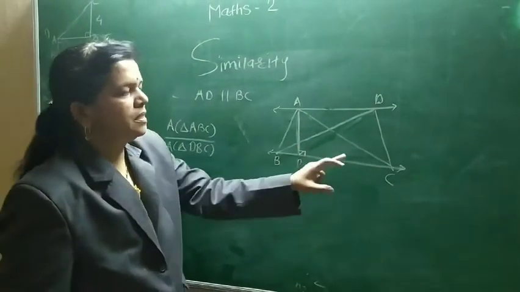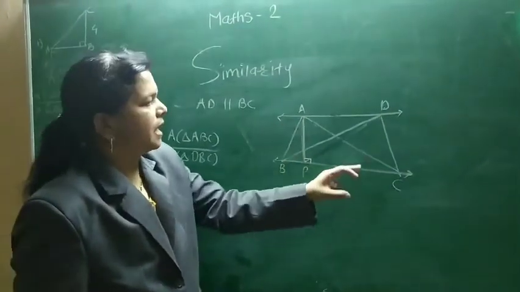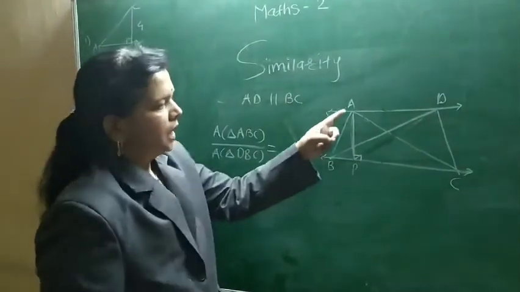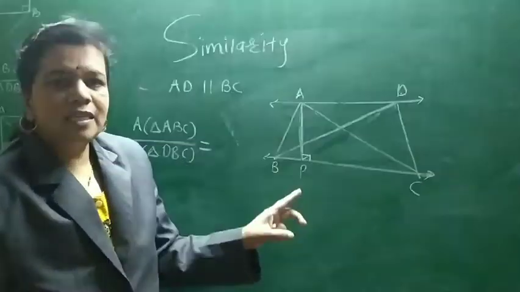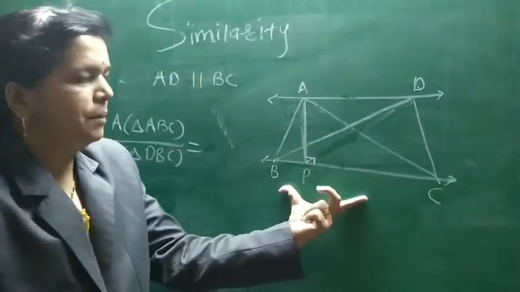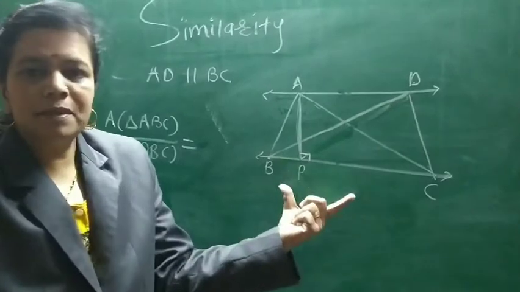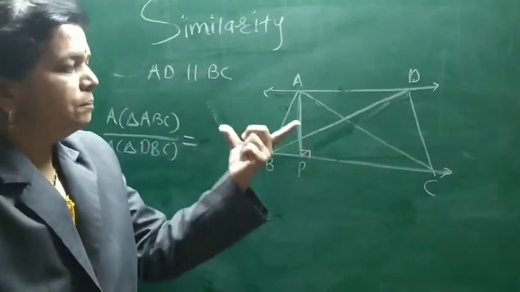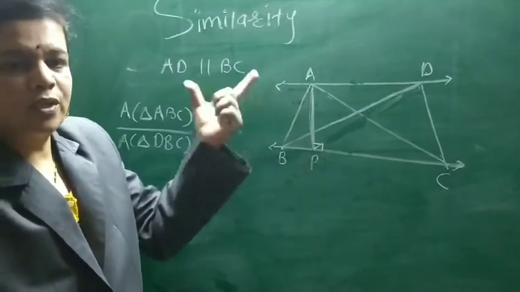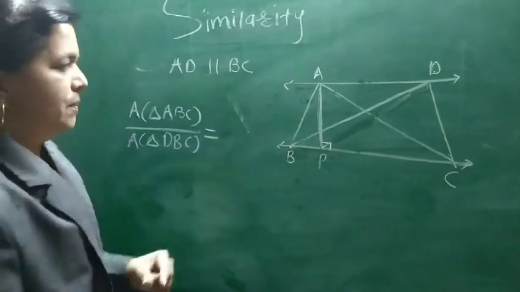AP is the height of both triangles ABC and DBC. So here height is equal. What about base? For ABC, what is the base? BC. For DBC, what is the base? BC. That means the base is also equal. Bases equal, heights equal, so the area is the same.